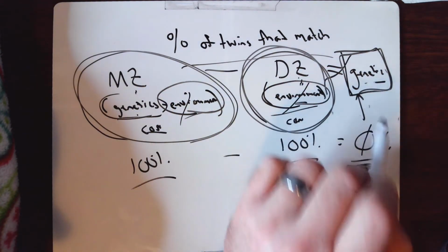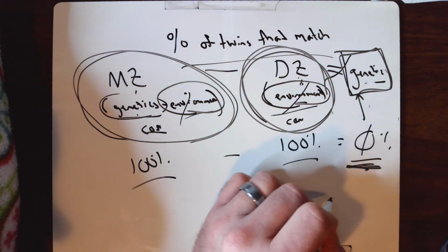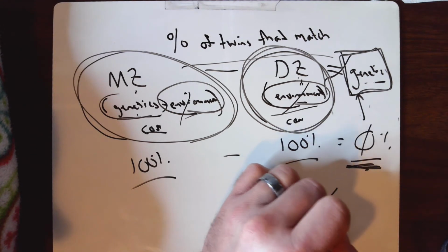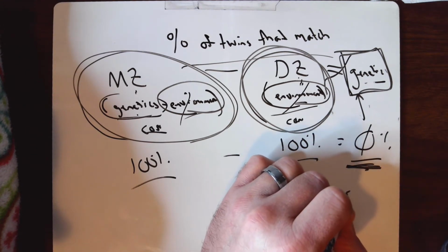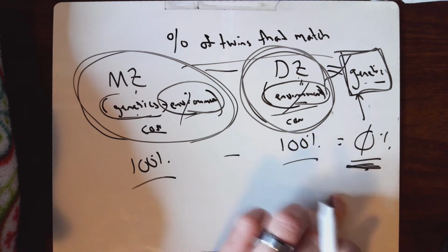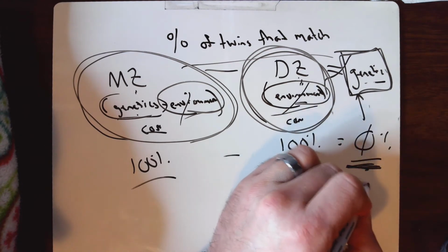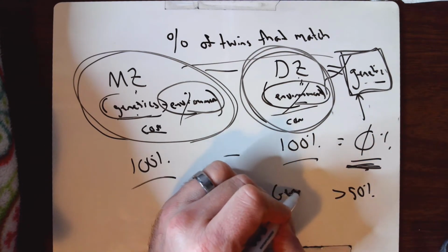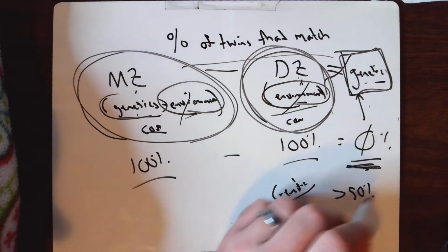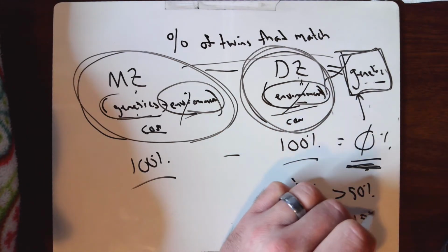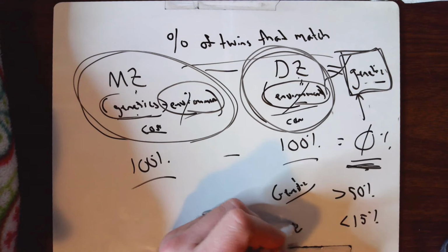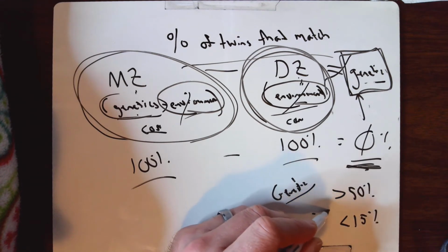That differential is what's informative. And again, we will have a genetic component. What did I say? If our number is greater than 50%, we will say it is genetic. If that differential in our hands is less than 15%, we will say that the trait is controlled by the environment.